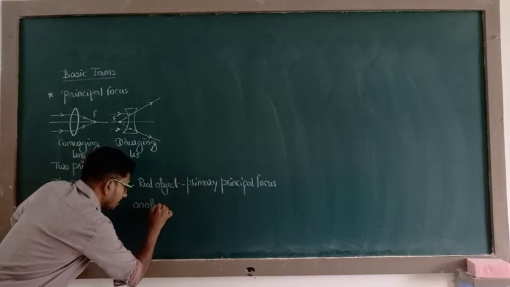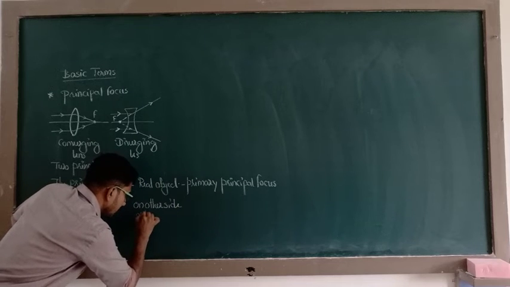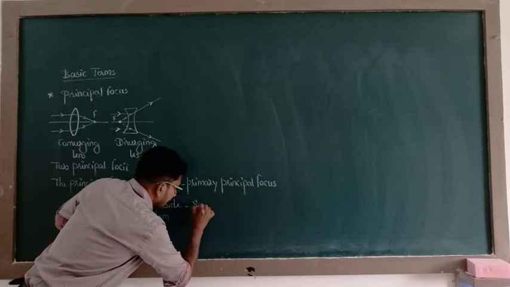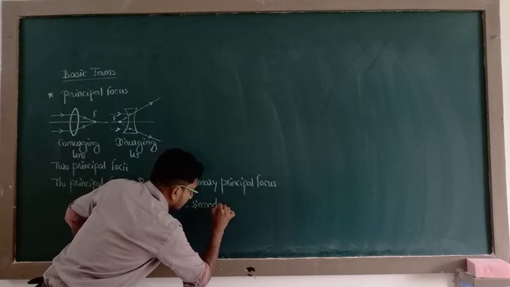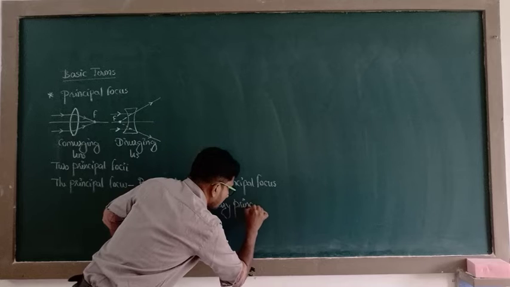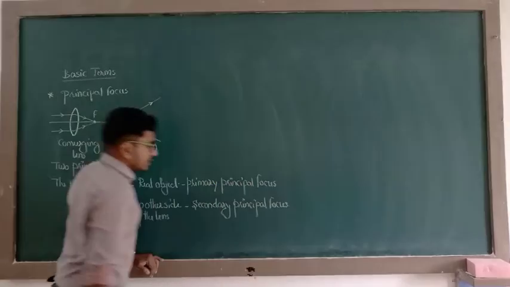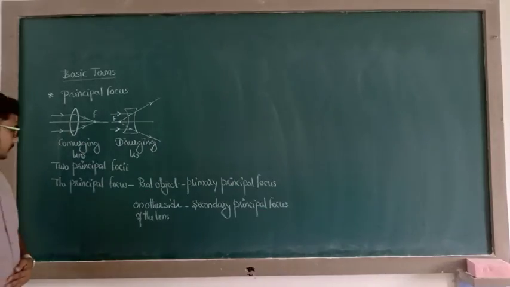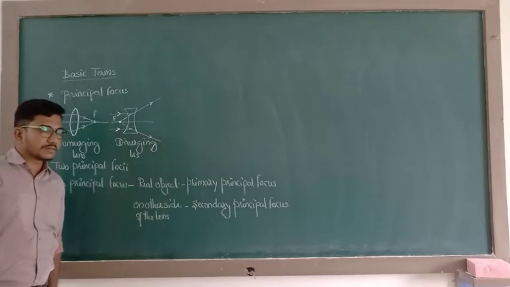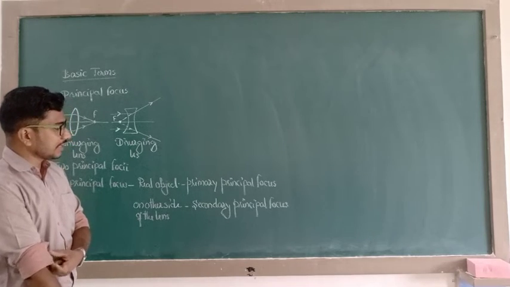So on the side of the real object, that is known as the primary principal focus, and the other side of the lens is known as the secondary principal focus.